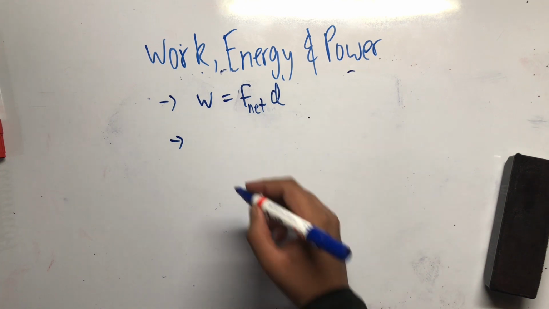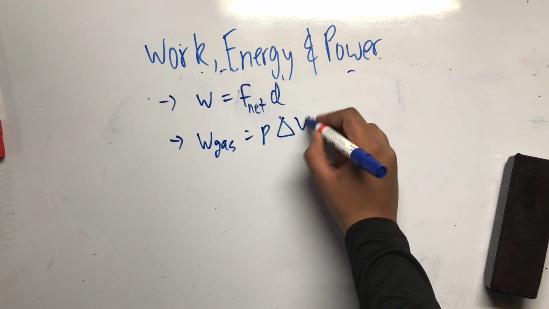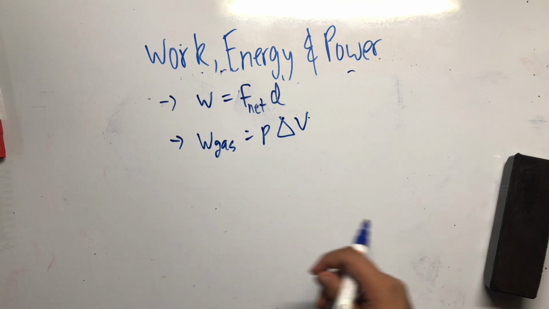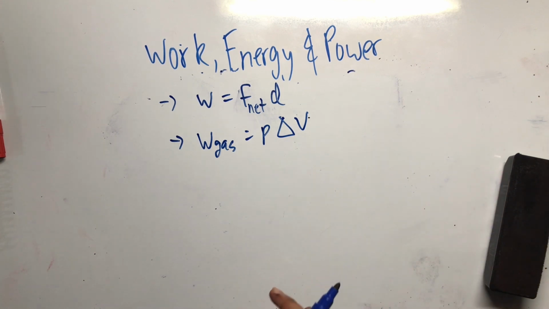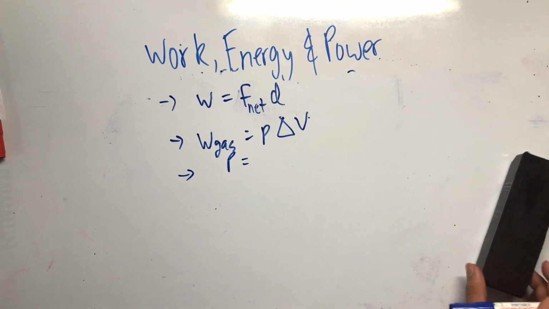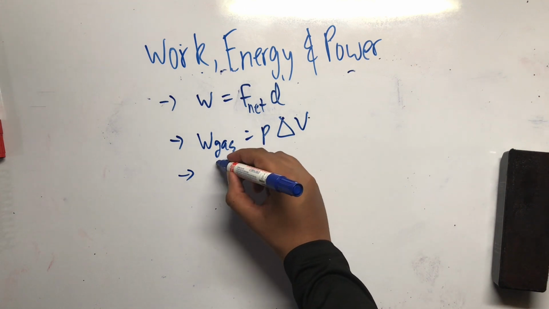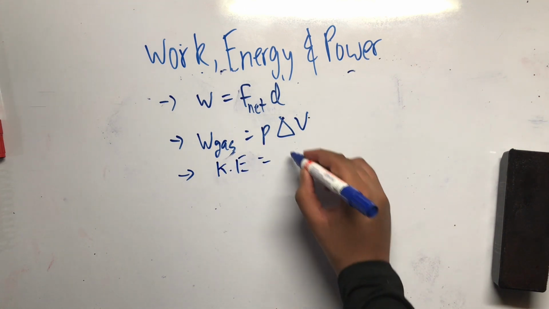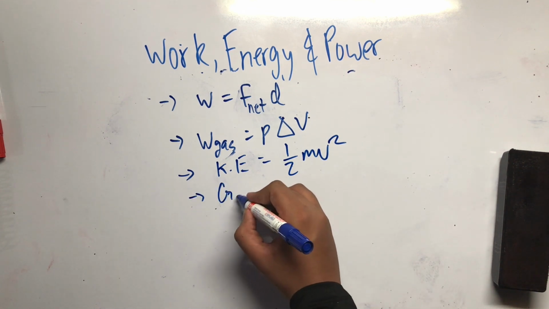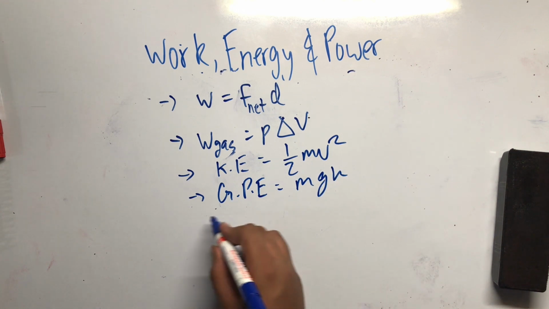Then the work done by an expanding gas is equal to pressure times the change in volume. Here it is assumed that the pressure acting on the piston is constant and the temperature is also constant. Then we forgot GP and KE. So the kinetic energy is equal to 1 upon 2 mv square. The gravitational potential energy is equal to mgh.